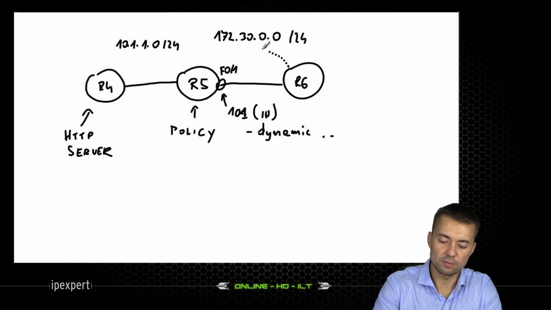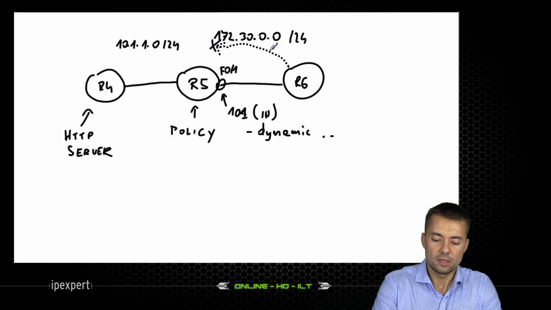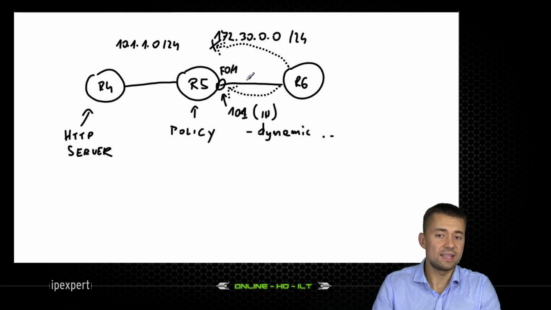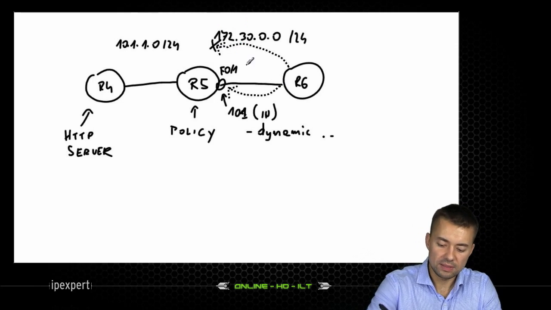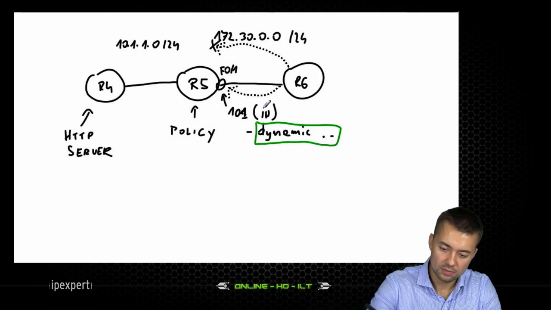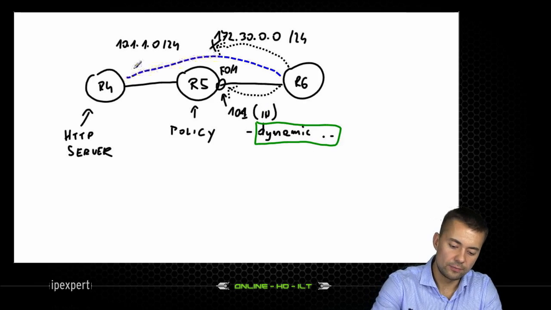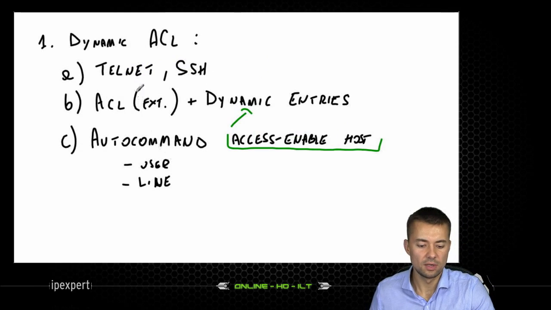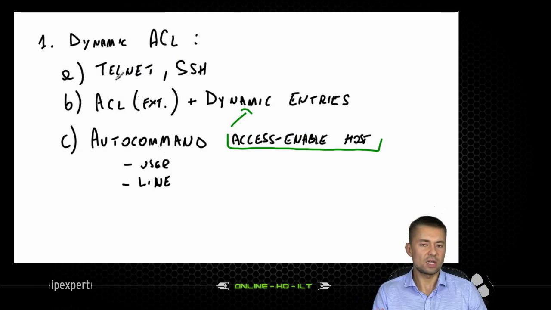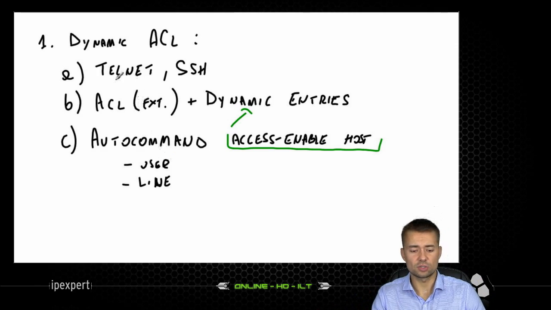The sessions will be coming from 6. So this is going to be initially blocked. Only when I connect to router 5 with a telnet session and authenticate successfully, this is going to open that dynamic entry, which will allow me to connect to 4 using HTTP. So this is why we need that autocommand. Normally, when you connect to the device with a telnet or SSH session, this is for administration, for management access.